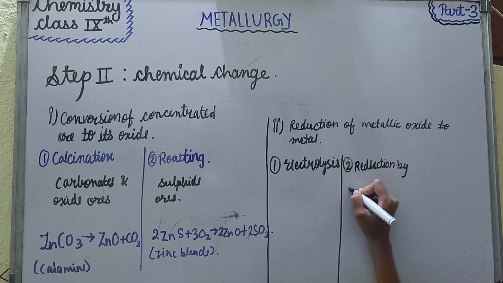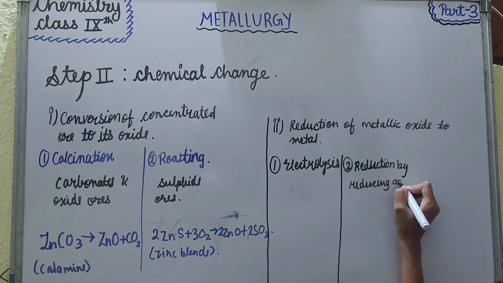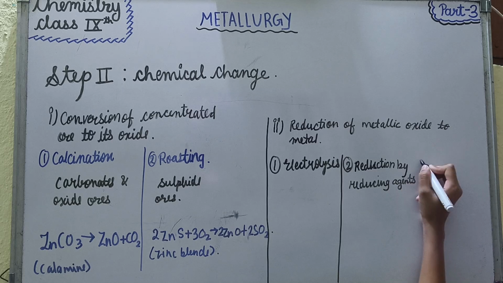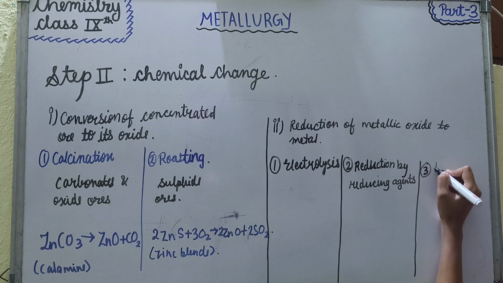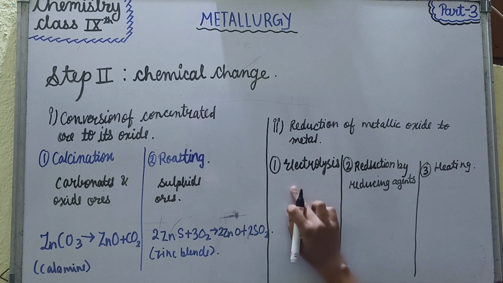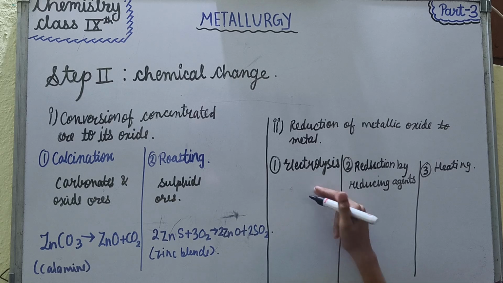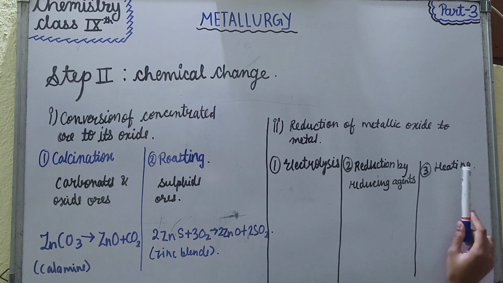And third one is heating. So these are the main processes. Electrolysis is electrolytic reduction, reduction by reducing agent is chemical reduction, and heating is thermal decomposition.